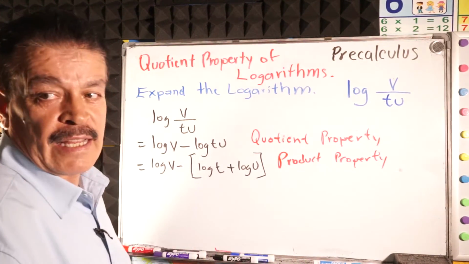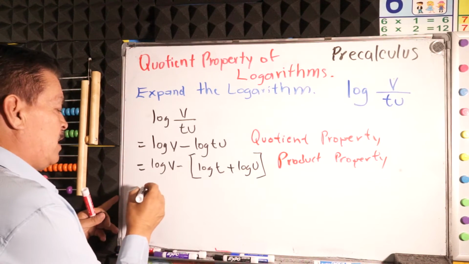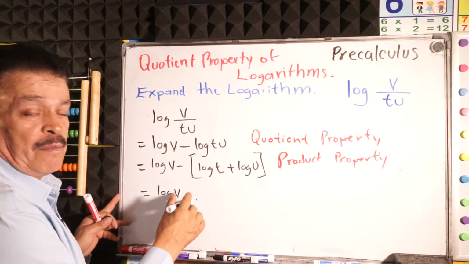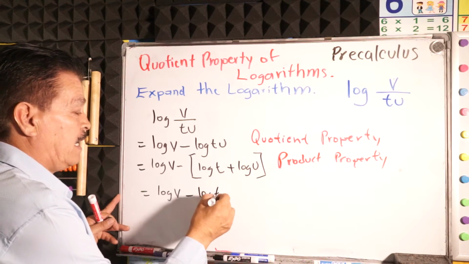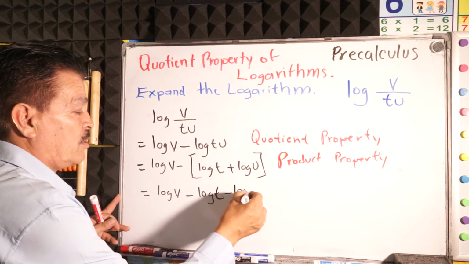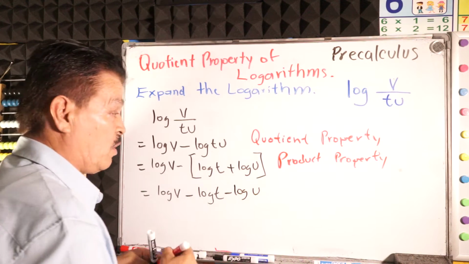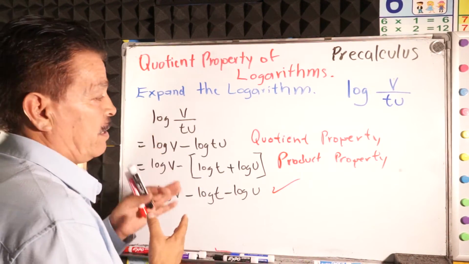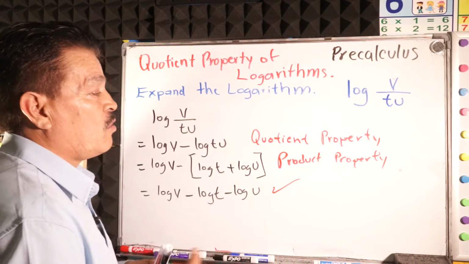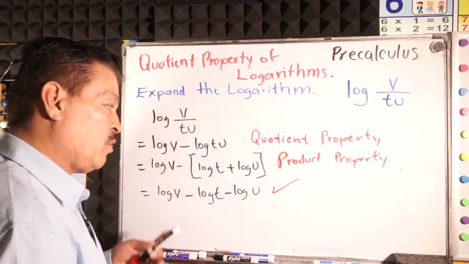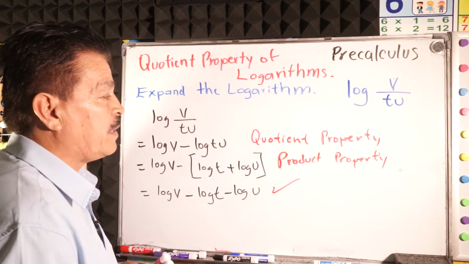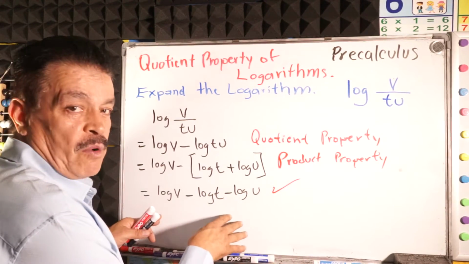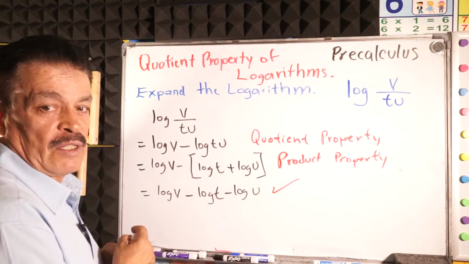Then the last step, or the answer, is log b minus log t minus log u. This is the solution to our problem. See, that's very simple. Just try to play with the properties. Keep the properties in your mind. In the future, when we are working with more complex problems, it's difficult if you don't know the properties, the rules in math. This is a very important rule.